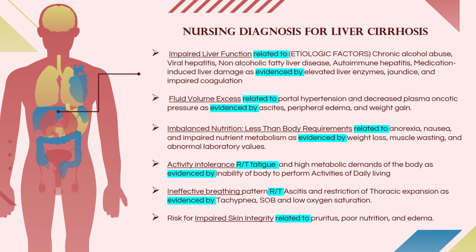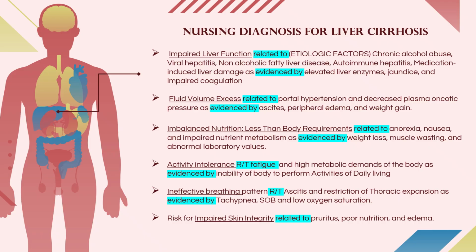Also, we want impaired nutrition, less than body requirements, related to anorexia, nausea, and impaired nutrient metabolism, as evidenced by weight loss, muscle wasting, and abnormal laboratory values.